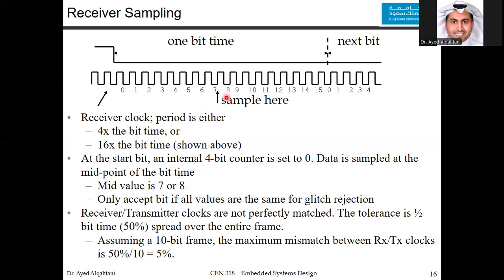But most prefer number 8, but you could work with 7 as well. So this counter starts 0, 1, 2. So at the moment you have any change, let's say that this is the start bit. Since it is low, now the counter starts counting 0, 1, 2, 3, 4, 5, 6, 7. If it reaches 7 or 8, now it samples the bit and reads its value.